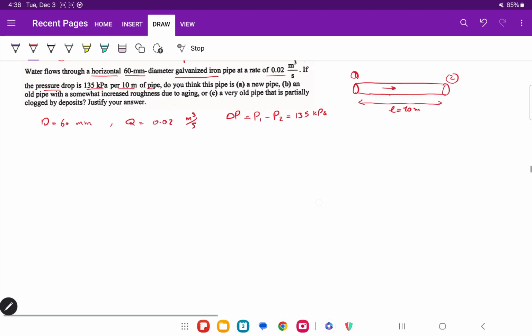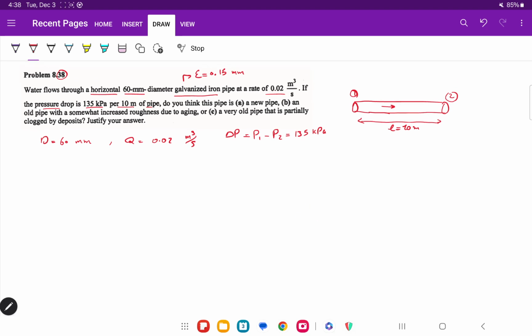Okay, so we should find the friction factor, and then we can decide whether it's new or old or very old. So this is a horizontal pipe. We have a fluid flow, so P1 over gamma plus V1 square over 2g plus Z1 equals P2 over gamma plus V2 square over 2g plus Z2 plus head loss.